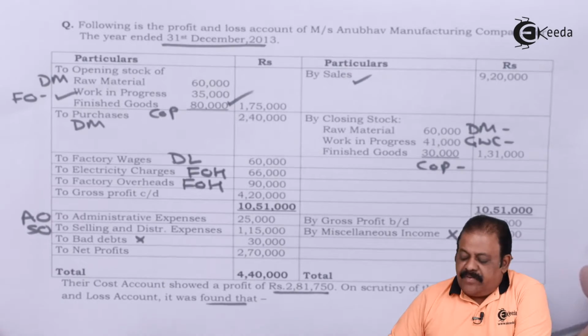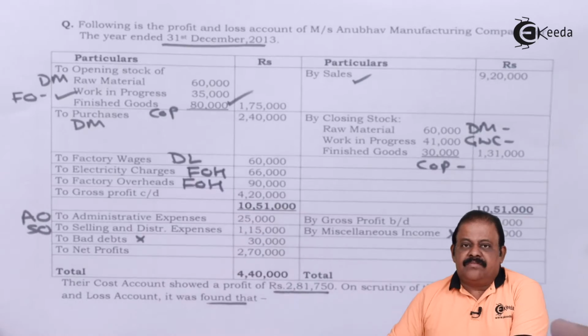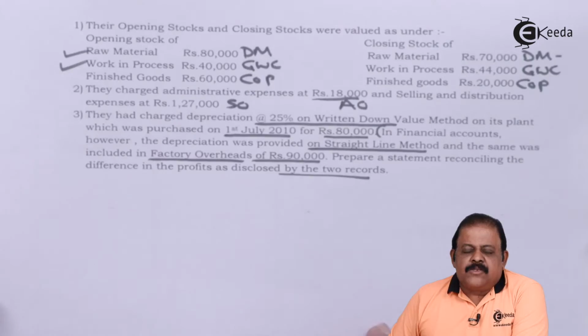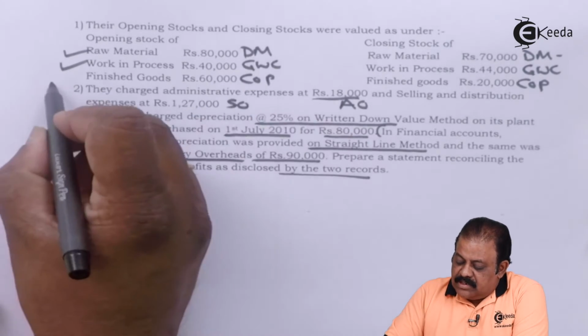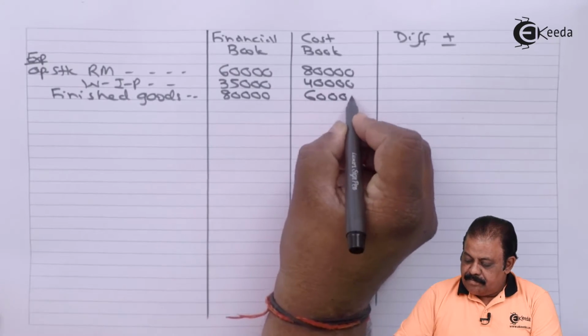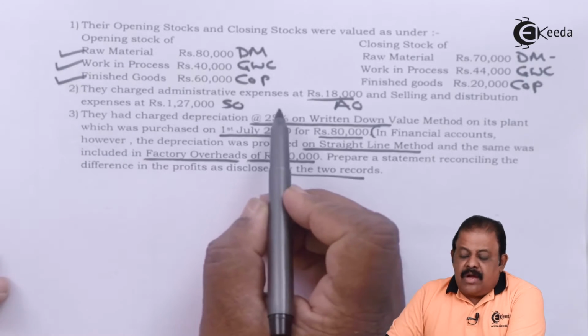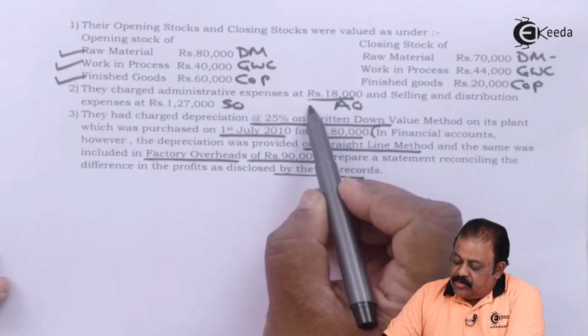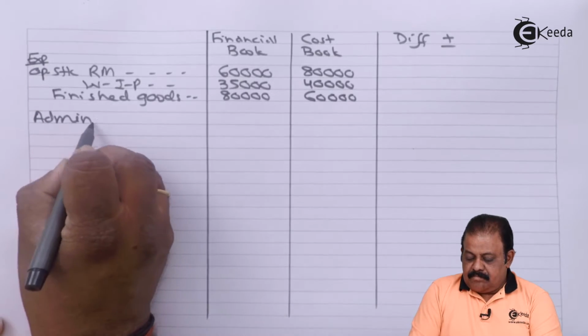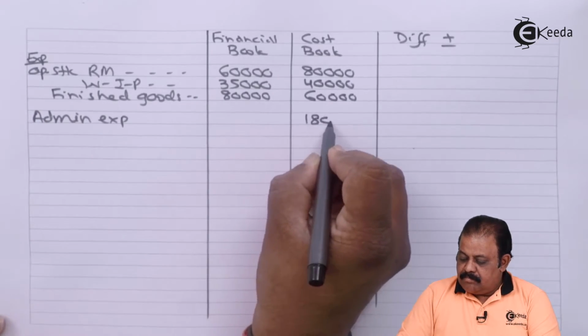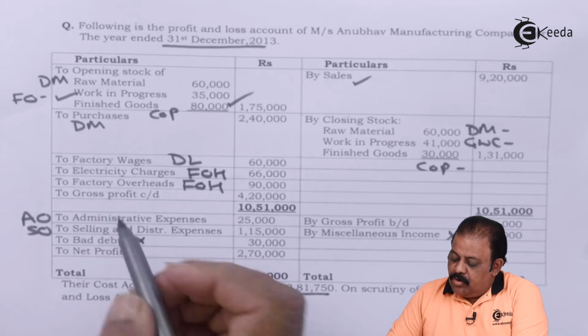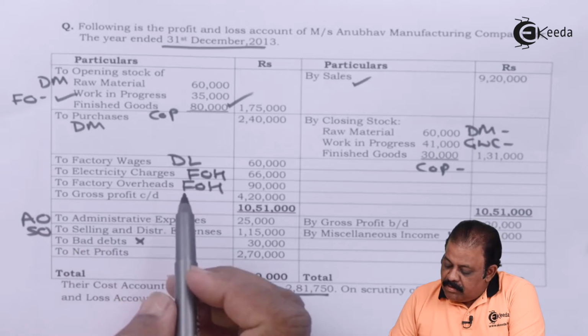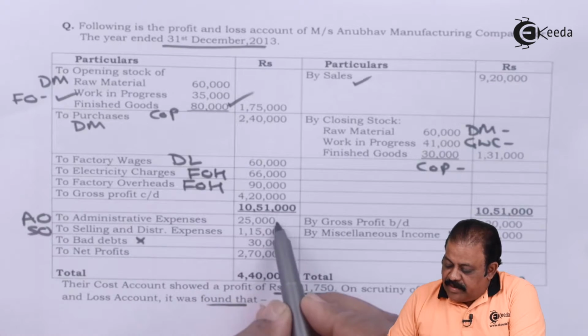Finished goods as per profit and loss account 80,000. As per cost book, finished goods 60,000. As per cost book, administrative expenses 18,000. As per financial book, administrative expenses 25,000.